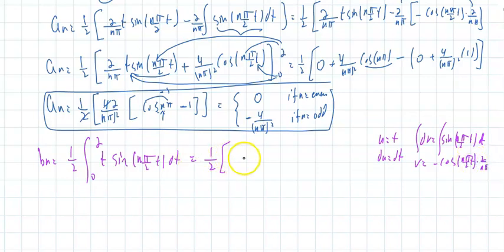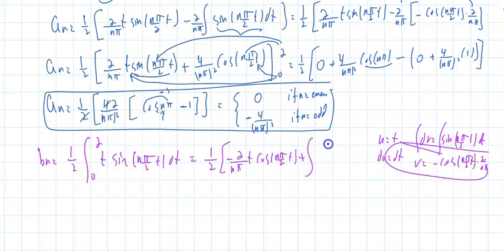So this is going to be u times v minus the integral of v du. Negative times a negative is a positive. I am going to take out the 2 over n pi, and I'm looking at the cosine of n pi over 2 t dt.